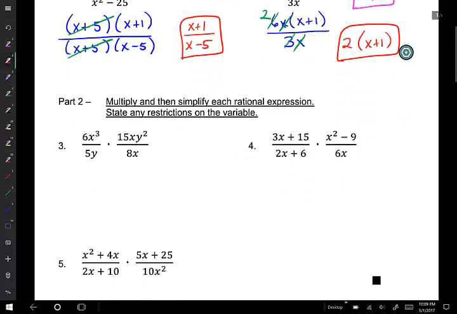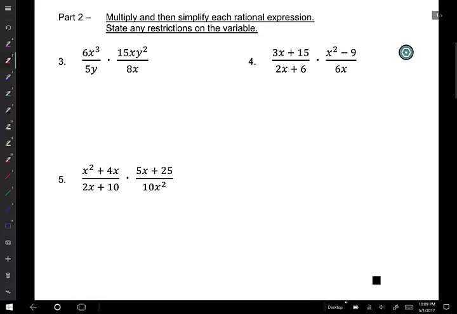In our second part, we're going to involve multiplying to our problems, and realize when you are multiplying, you can cancel anything with the numerator of either fraction with anything in the denominator of either fraction. So we're going to have a little bit of careful canceling here. The 6 and the 8, we're going to divide them both by 2, leaving me with a 3 and a 4.